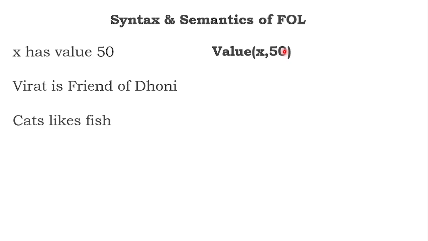Similarly, friend is a predicate, and Virat and Dhoni are the subjects: friend(Virat,Dhoni). Virat is a friend of Dhoni. Cats like fish. Now cats and fish are the subjects, and likes is the predicate. So who will be outside the brackets? Likes.